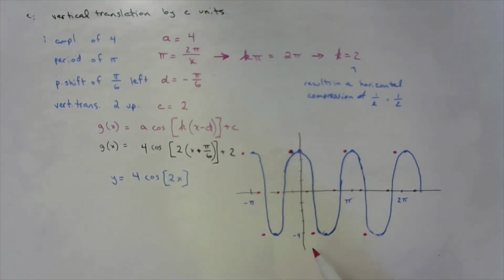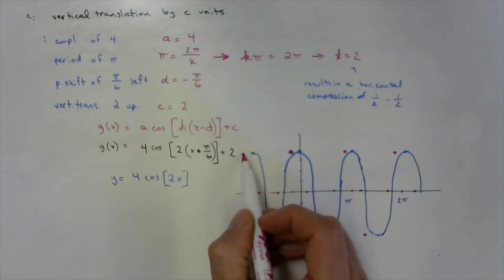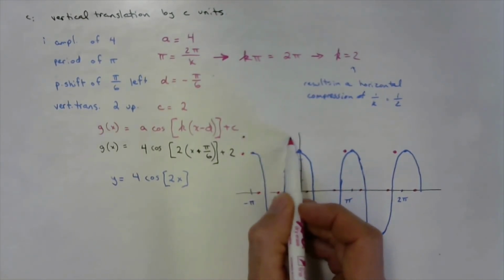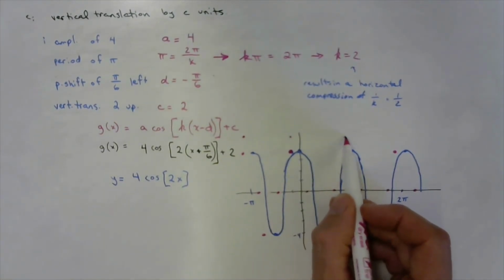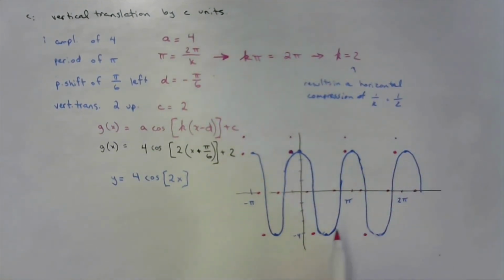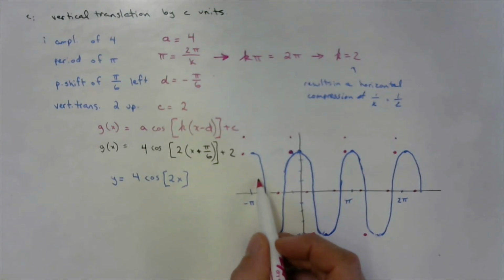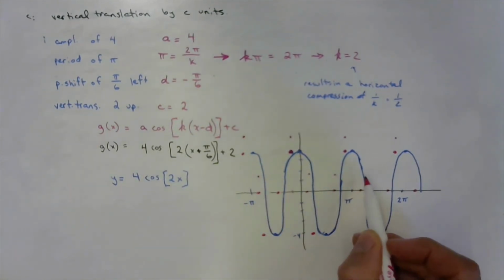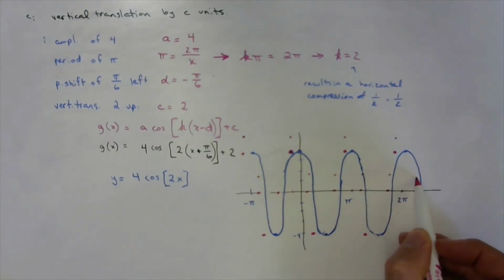And we want to move every single point 2 units up. So take your max and move it 2 units up. It is helpful to have multiple colors, especially now because I'm going to run into a situation where I'm not going to really know which dots to follow.